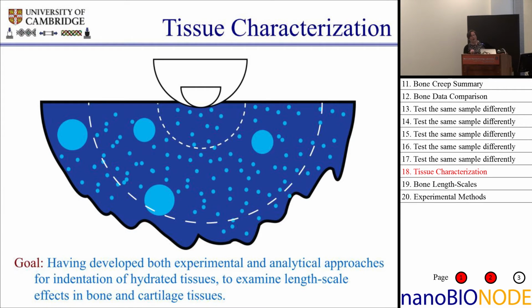And so this is our funny little picture here of if we vary the size of the contact, how does that affect the size of the zone that we're indenting in the material, and what pore fraction we're sampling, and how different pore sizes might be sampled depending on the size of the contact.